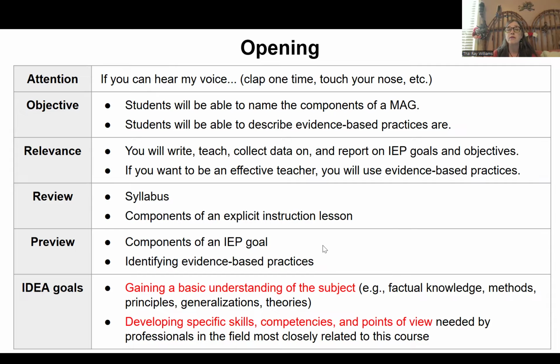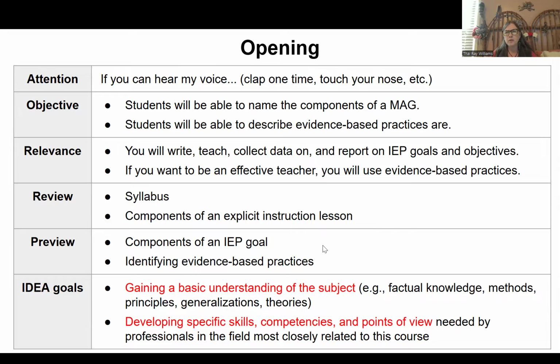You will do this for every student throughout your career, whether it's here at the university or once you are a classroom teacher. And if you want to be an effective teacher, if you want your students to learn and have that change in behavior, to have really positive student outcomes, then you're going to use evidence-based practices because they have been shown through research to be effective.